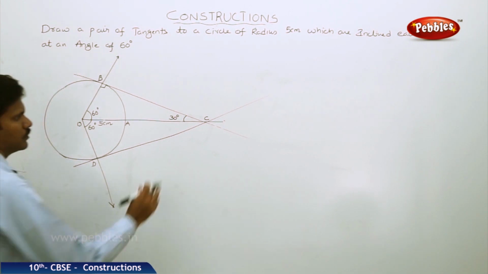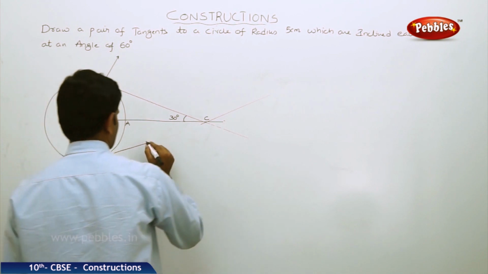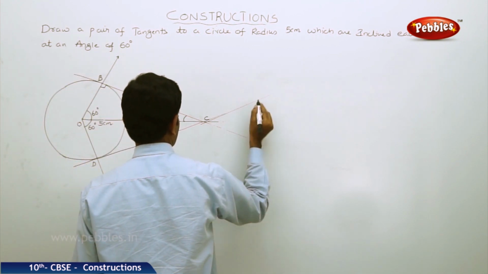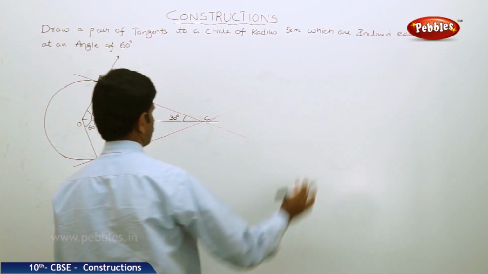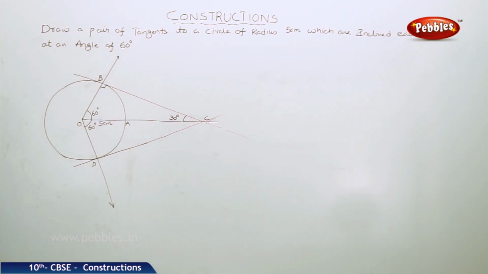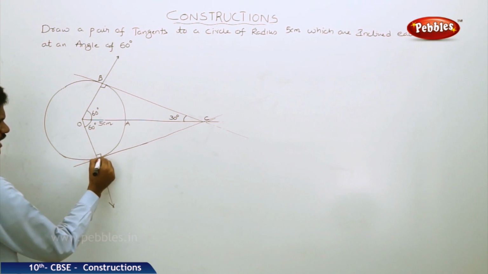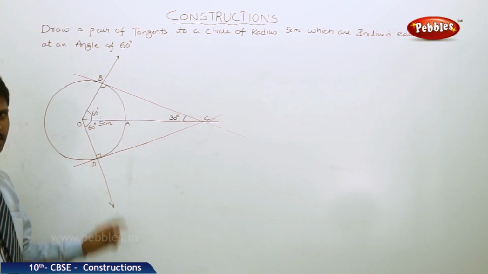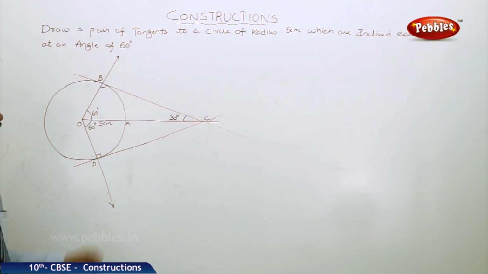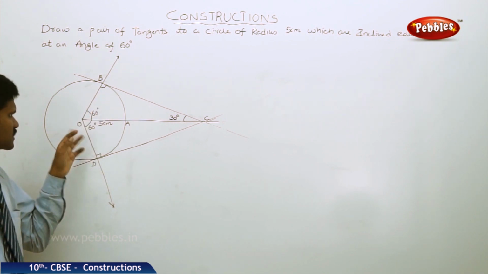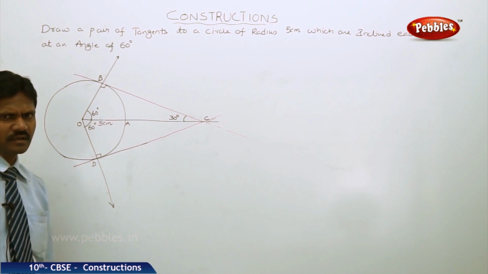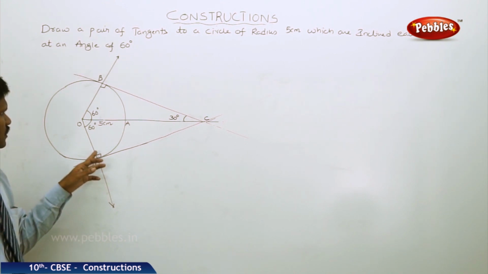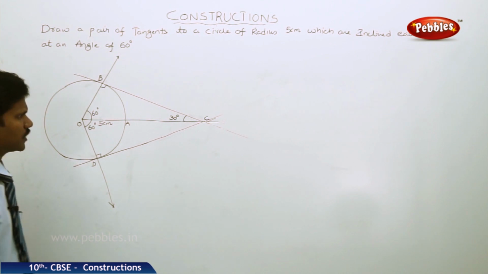Again here the angle is 90 degrees. Angle at the point of contact is 90 degrees. COD is a triangle. Sum of angles in a triangle is 180 degrees. 60 plus 90, 150.